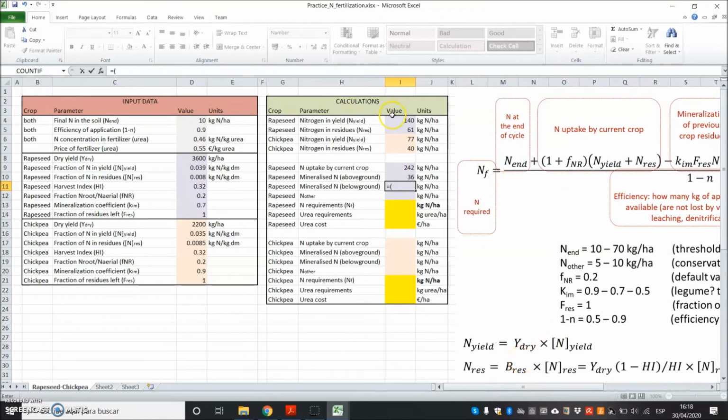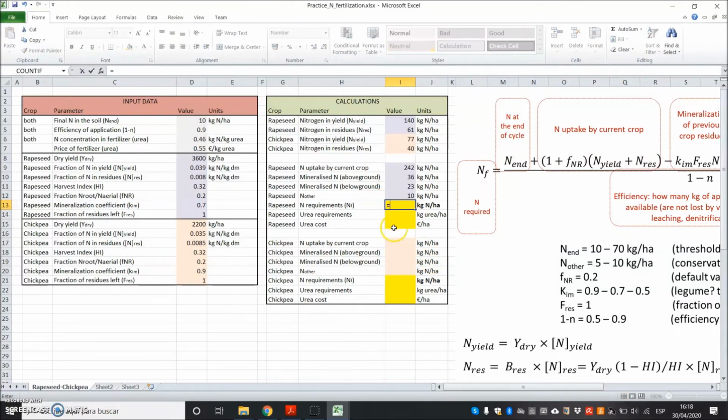We should consider both the nitrogen in the yield and residues of the precedent crop and the fraction of nitrogen in the roots. In the case of other sources of nitrogen, here we will consider that atmospheric deposition and irrigation leads to 10 kilograms of nitrogen per hectare.